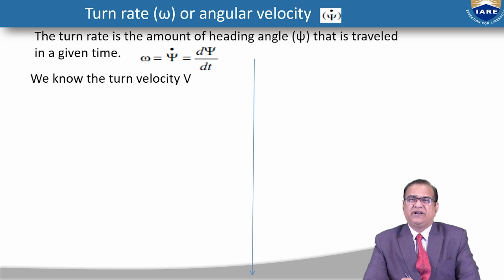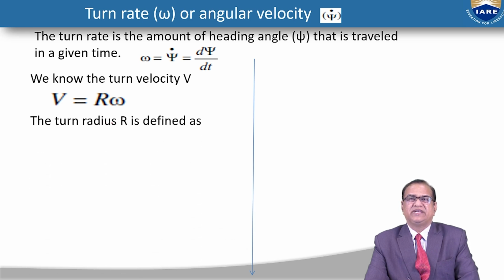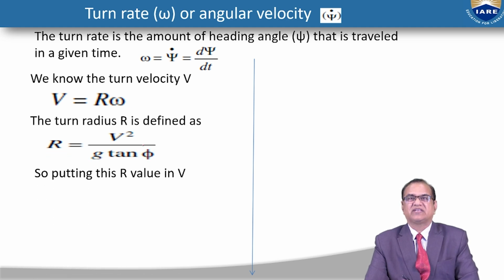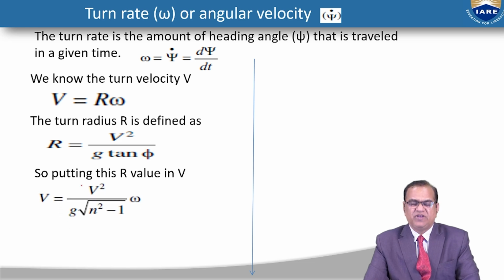We know the turn velocity V is equal to r into omega. The turn radius r is defined as r equal to V square by g tan phi. So putting this r value in here, we can get V equal to V square by g square root of n square minus 1, into omega.